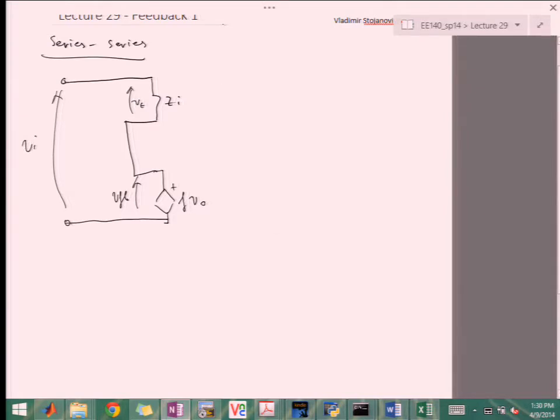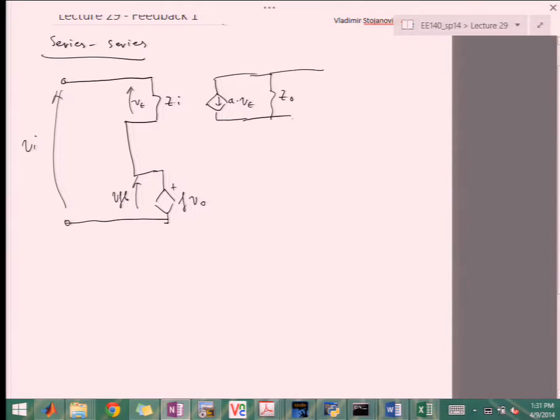And then in the forward direction, the amplifier turns voltage into current, but it's now proportional to the voltage error.